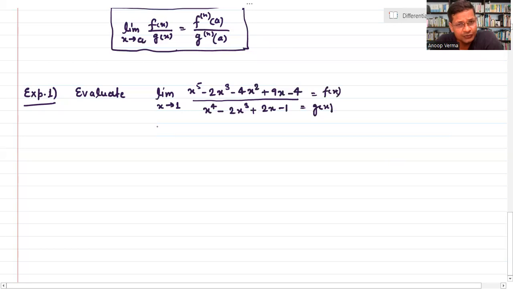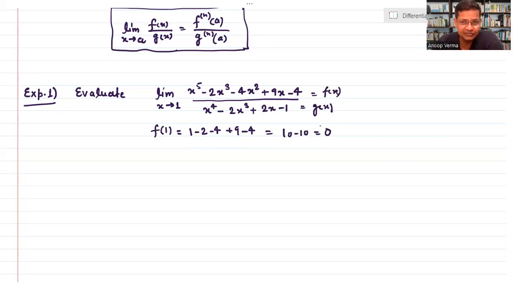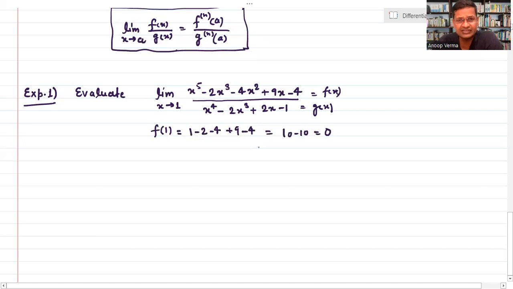are going to put x equals 1 here, so in f(x) it will be 1 minus 2 minus 4 plus 9 minus 4, and we will get 0. So 1 plus 9 is 10, and minus 2 minus 4 minus 4 is minus 10. So this will be 10 minus 10 and that will be equal to 0. So the value of the function f(x) at x equals 1 is just equal to 0.